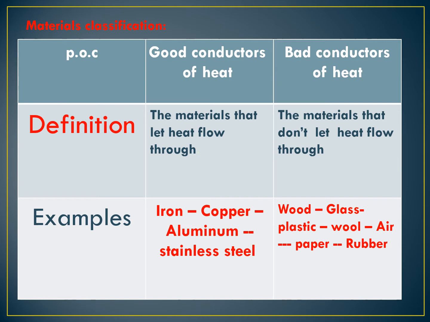The examples for good conductors of heat: iron, copper, aluminum, stainless steel. Bad conductors of heat, like wood, glass, plastic, wool, air, paper, rubber.